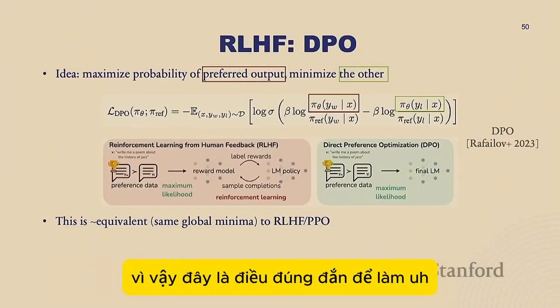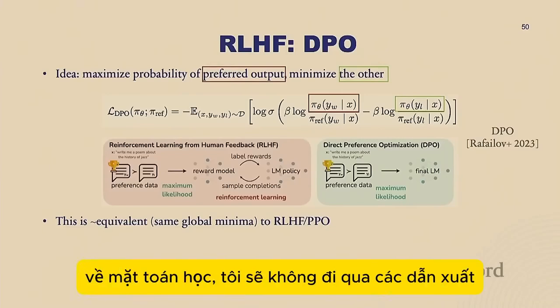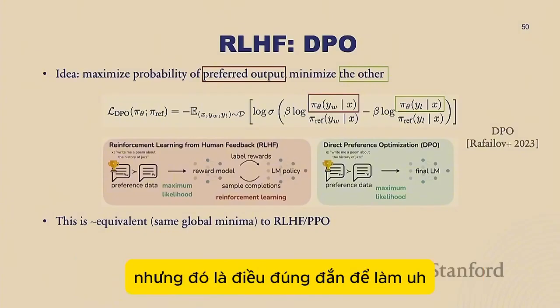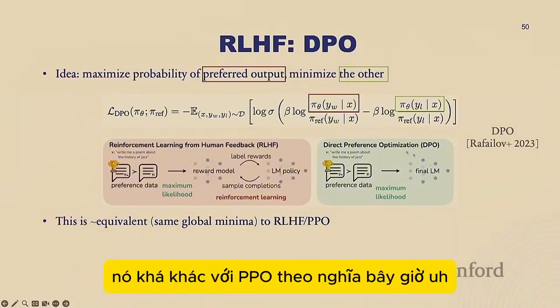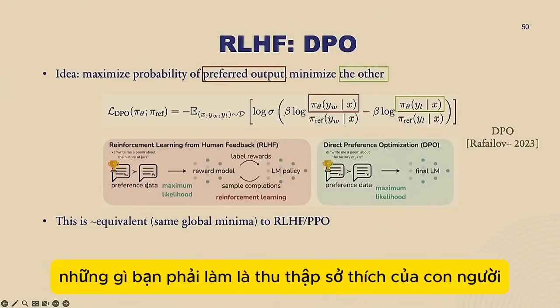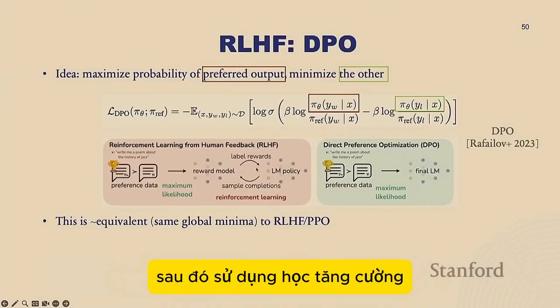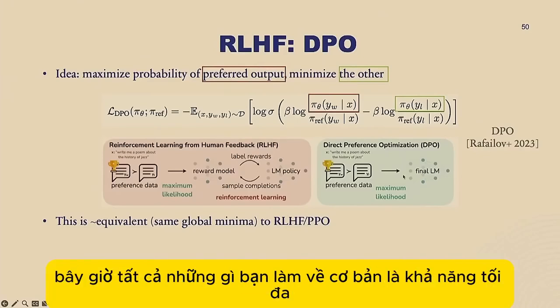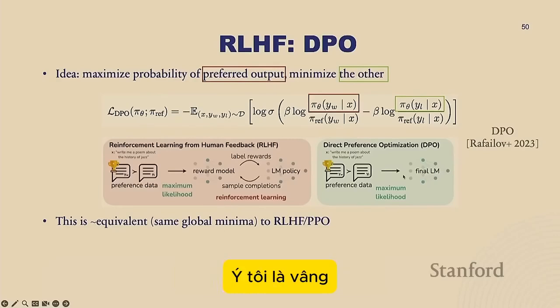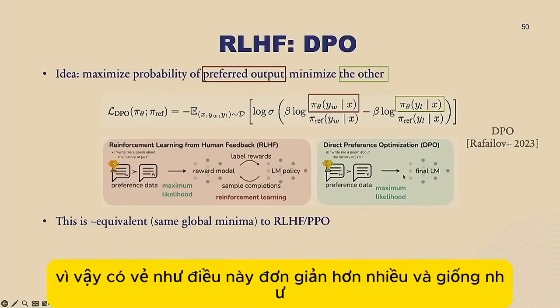So this is the right thing to do mathematically. I'm not going to go through the derivations, but that's the right thing to do. It's pretty different from PPO, in the sense that with PPO you had to collect the human preferences, then train a reward model with maximum likelihood, then use reinforcement learning. Now all you do is basically maximum likelihood. Much simpler.